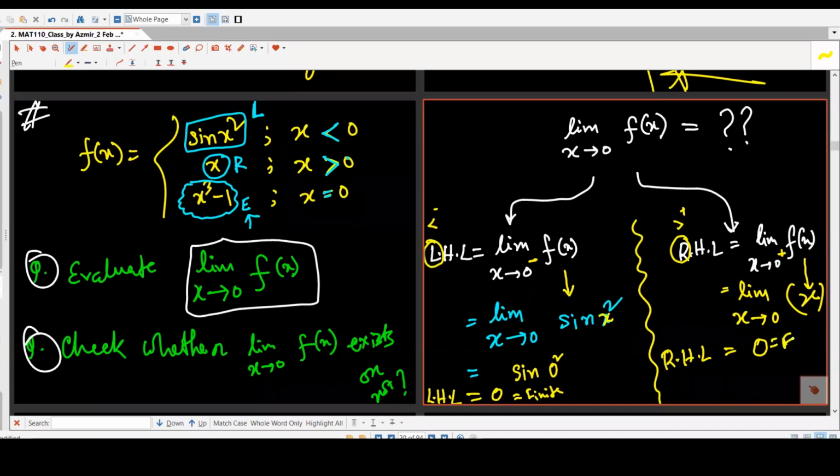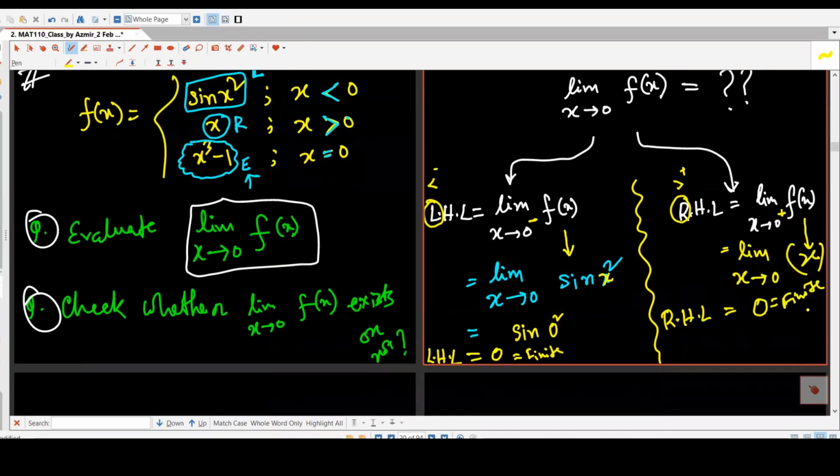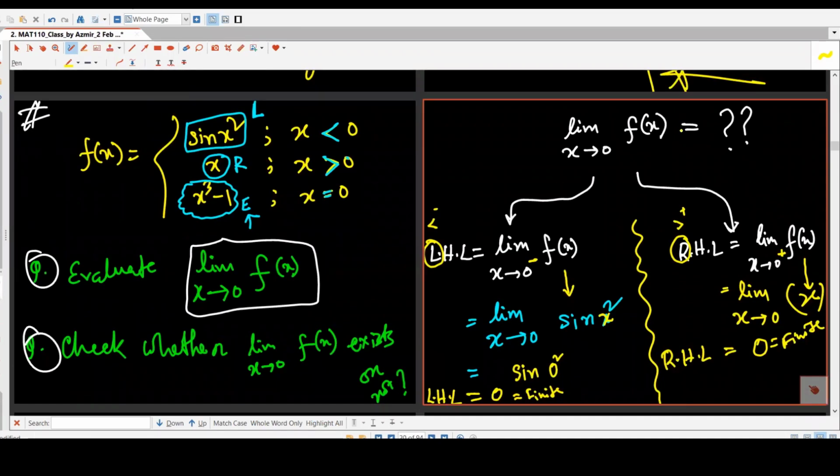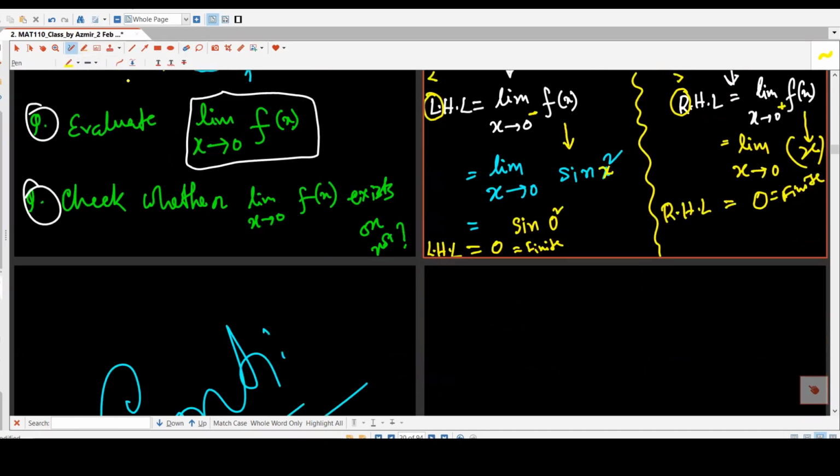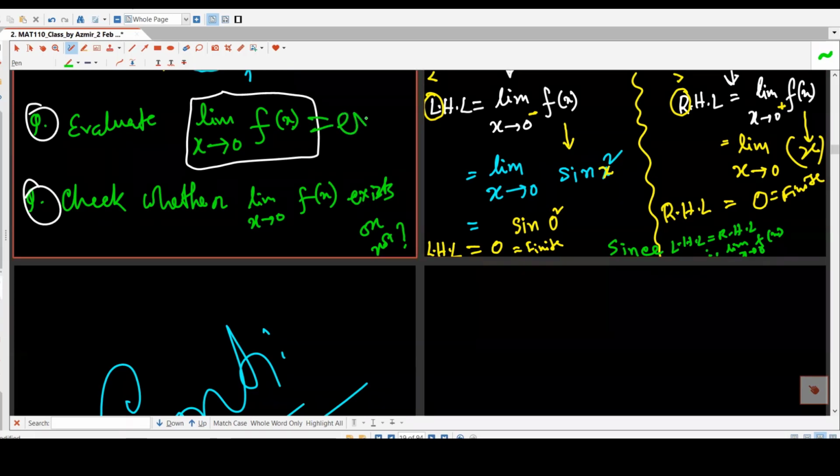That is also finite. So we can say the left hand limit exists and the right hand limit exists, because both are finite. So what is the main limit? It is the same. Since the left hand limit and right hand limit are the same, let us write a comment: since the left hand limit and right hand limit are the same, the limit of the main function f of x as x approaches 0 exists.